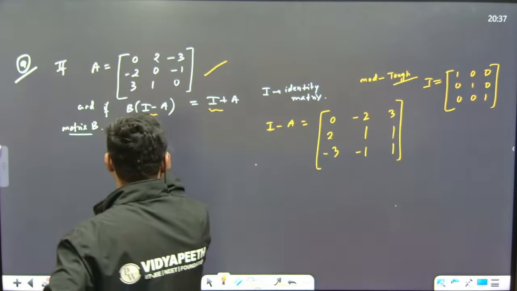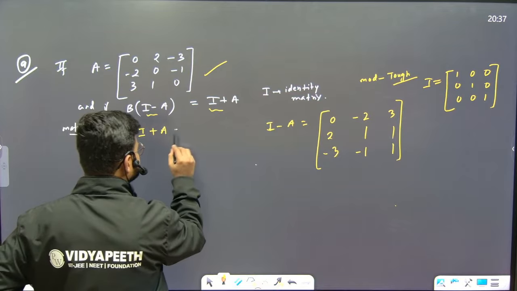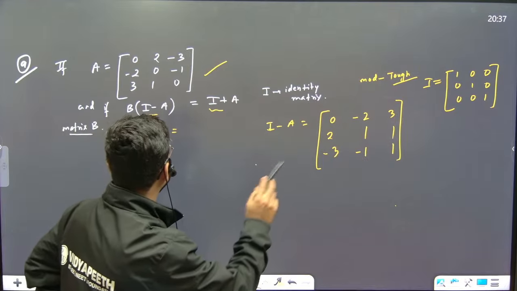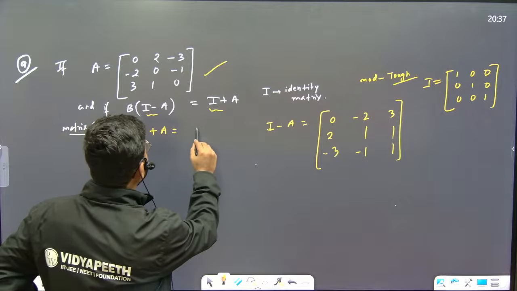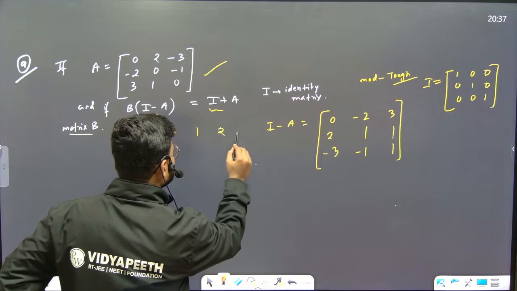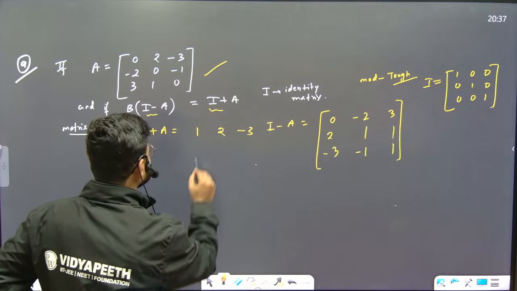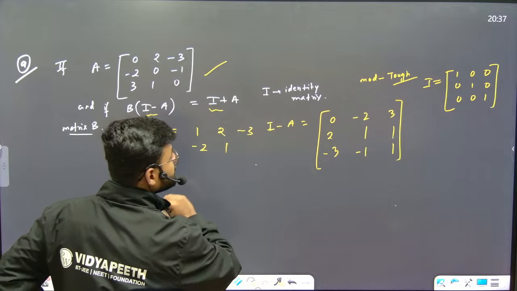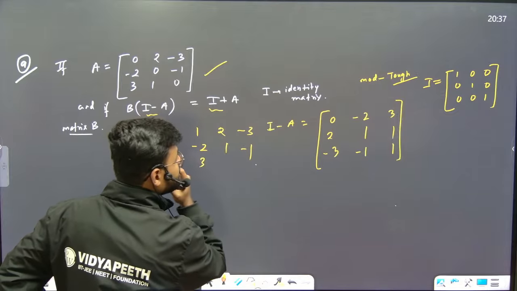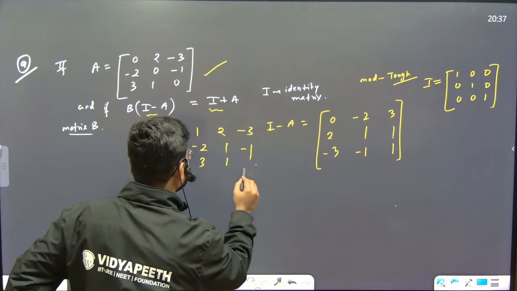Similarly, we'll calculate the matrix I plus A. So I plus A is going to be 1, 2, minus 3; minus 2, 1, minus 1; 3, 1, and 1 plus 0 is 1.